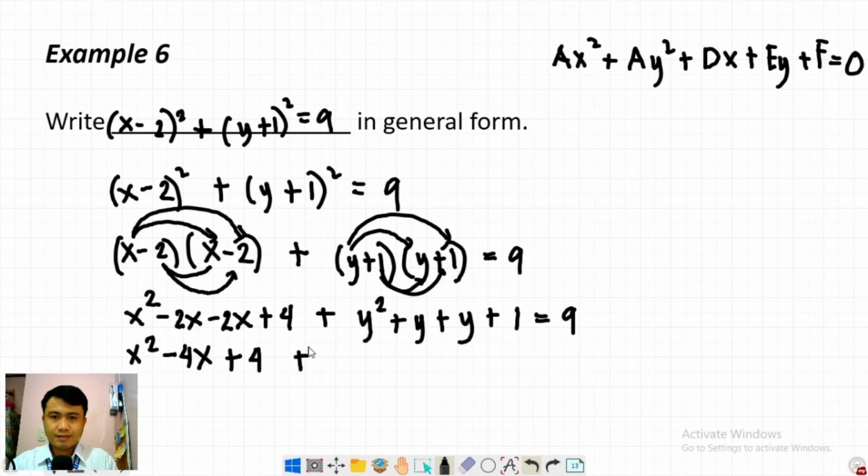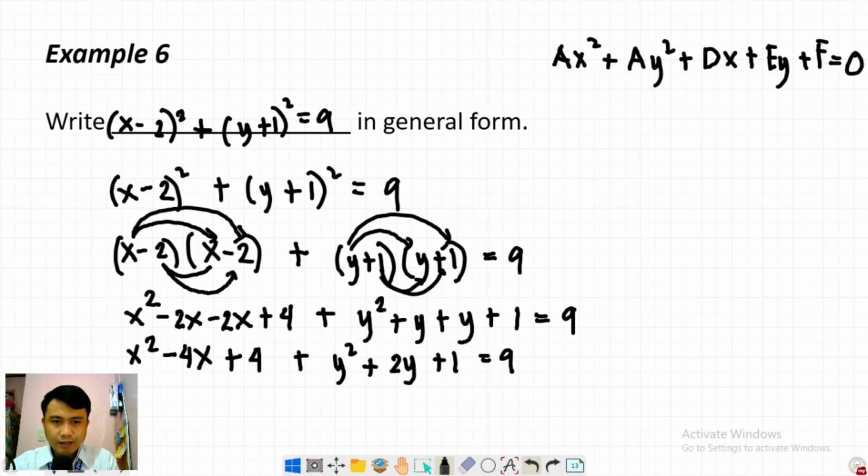Okay. Plus y², y plus y, that is 1y plus 1y, may nakalagay po dyan na 1 as numerical coefficient of y. 1 plus 1 is 2y plus 1 equals 9. Okay, so we have this one.